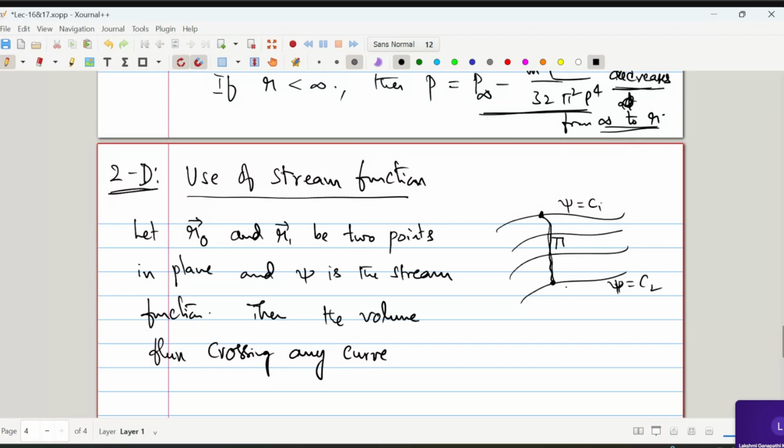This is the curve connecting, this is your R1, this is your R0.